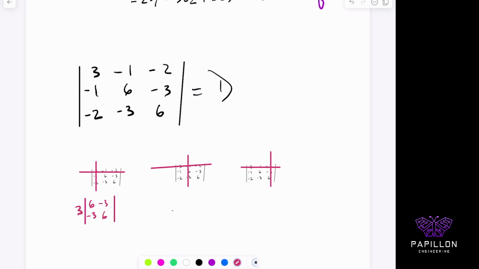It's going to be minus 1, and then I'm going to include this 2x2 matrix: minus 1, minus 2, minus 3, and 6. And then finally, the last one is going to be minus 2 multiplied by a 2x2 matrix. The 2x2 matrix will be minus 1, minus 2, 6, and minus 3.